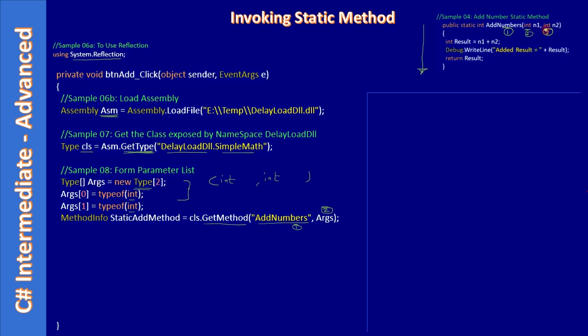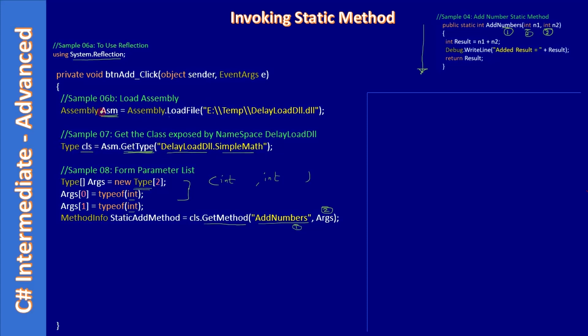And in our case, both are integer. If the argument list is like float, integer, then you have to create it in the same order. The first slot should have float, second slot should have integer. So when you are asking for get method, it will perform the method name as well as argument match. Based on that, it will pick the correct method exposed by the DLL.